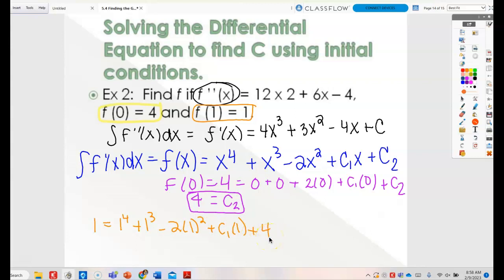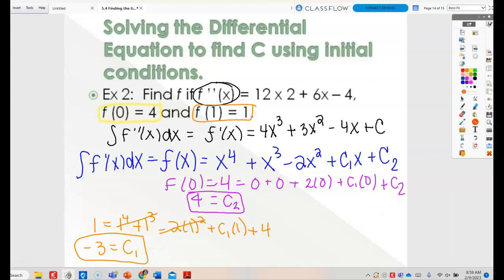Instead of c sub 2, I'm going to make it 4, and I can solve for c sub 1. So 1 plus 1 is 2. 2 minus 2 is 0. Subtract 4 over. 1 minus 4 is negative 3.